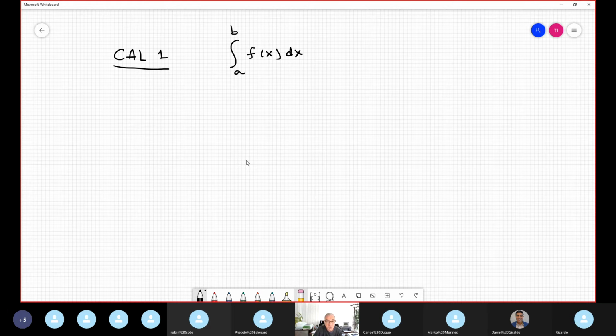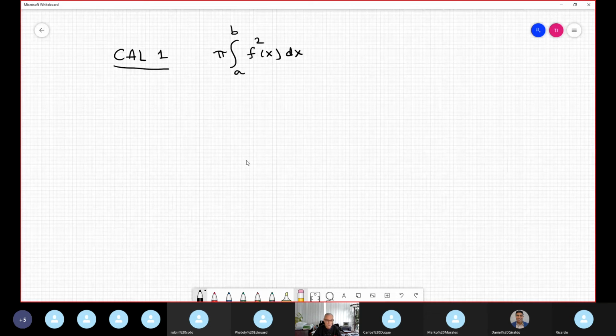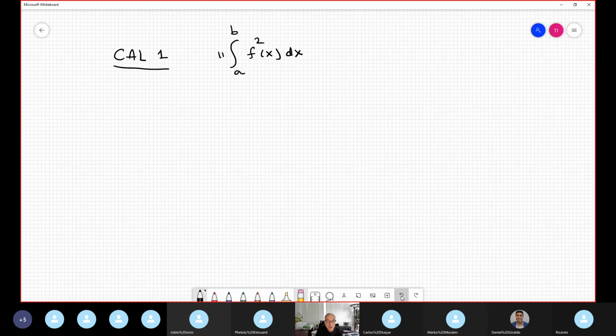Because suppose that you square the integrand function and multiply by pi. So now it is not an area, it is the volume of the solid when you rotate the function around the x-axis. Depending on the integrand function, it is an area, a volume, or maybe an arc length.